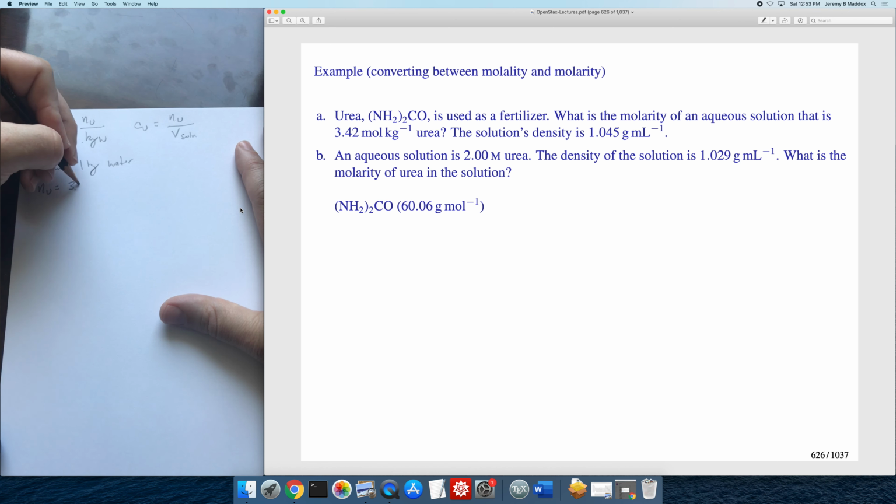Okay, so plugging in these numbers, we've got 205 grams for the solute plus 1,000 grams for the solvent, dividing that by the density of 1.045 grams per milliliter, and then we'll say that there are 10 to the minus 3 liters per milliliter, and that's going to give us the volume.